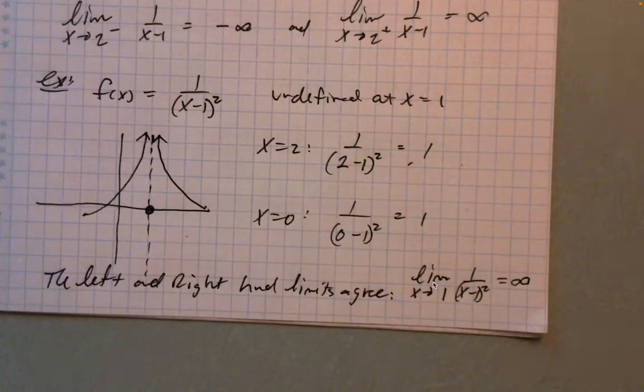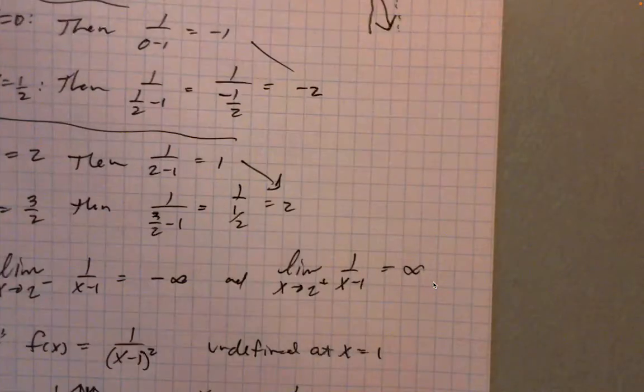Okay, so from both sides, the function increases without bound. So that means that we have an overall limit. Okay, very good.